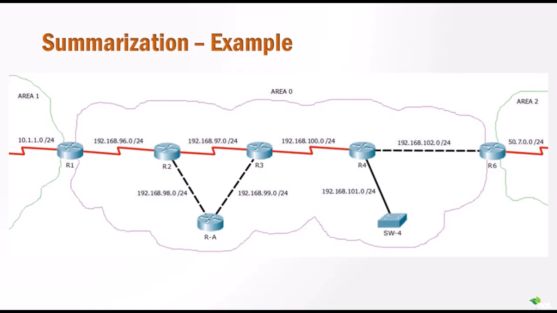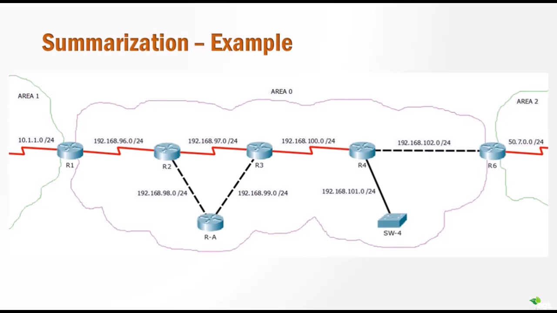If not, doesn't matter. So these are just 3 different networks. And it takes just a couple seconds to look at this scheme right here and notice that all of these subnets in area 0 are consecutive. So it's 96, 97, 98, 99, 100, 101, and 102.